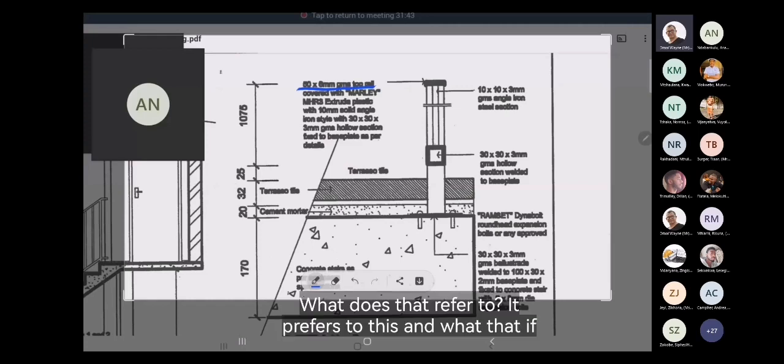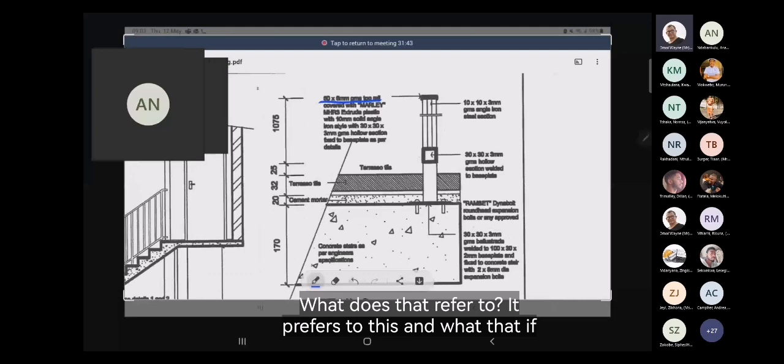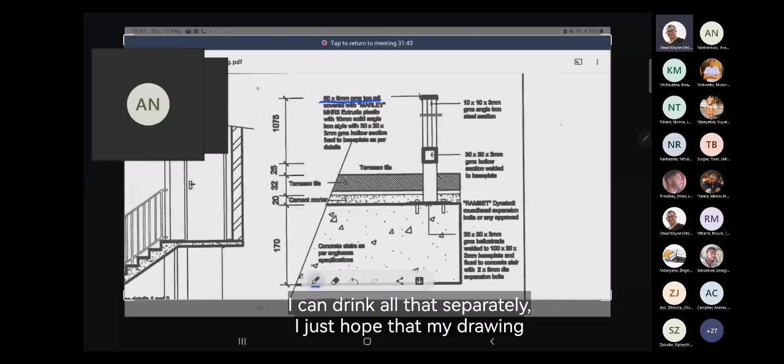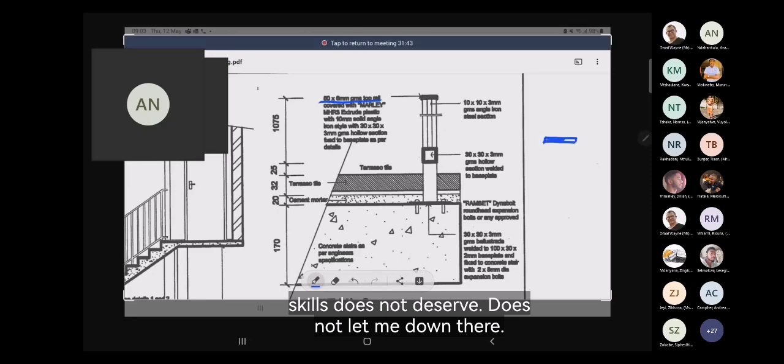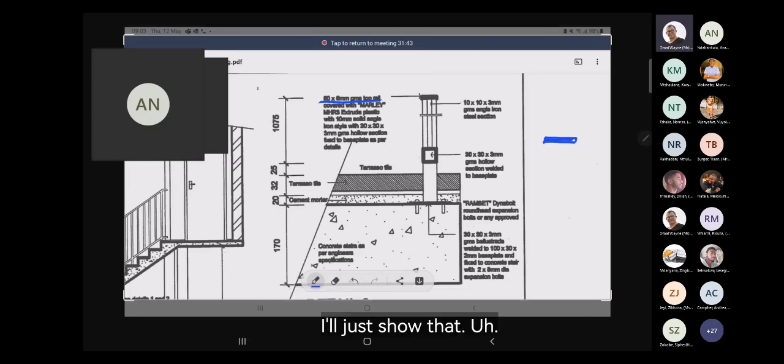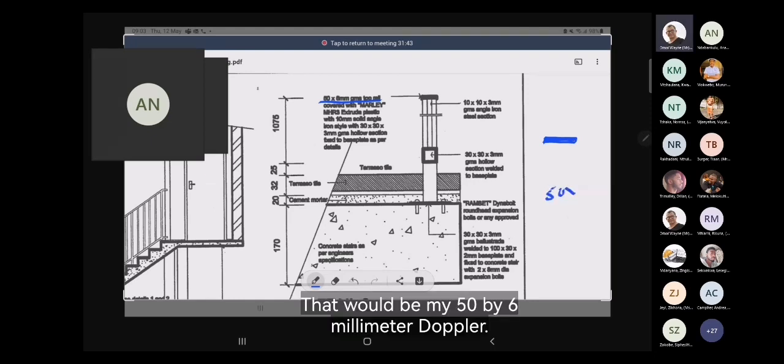What does that refer to? It refers to this, and what that, if I can draw that separately, I just hope that my drawing skills do not let me down there. I'll just show that. That would be my 50 by 6 millimeter top rail.